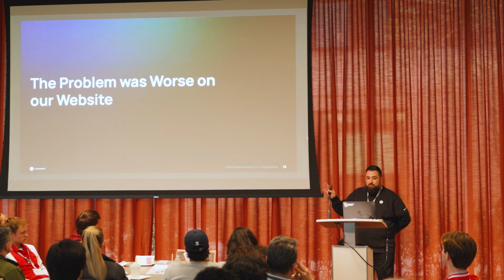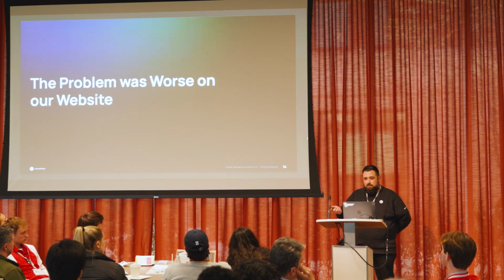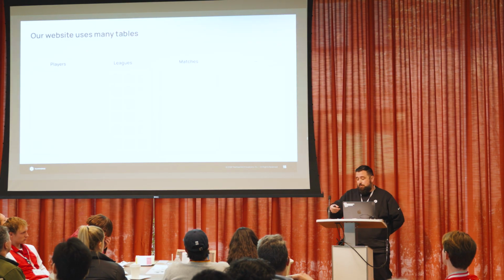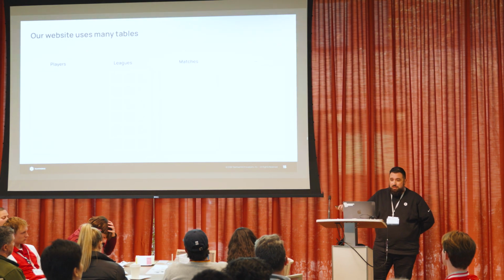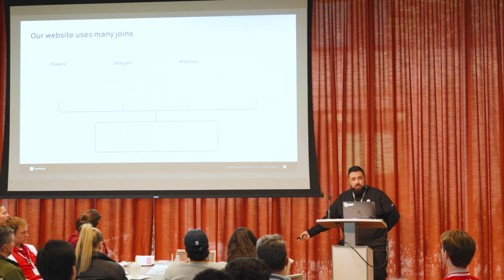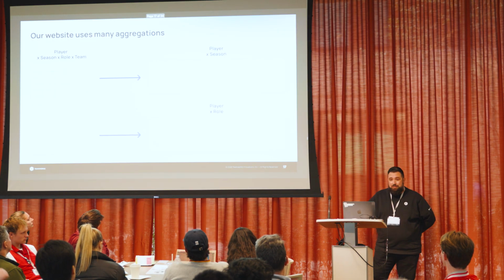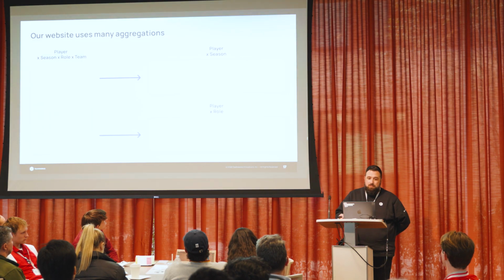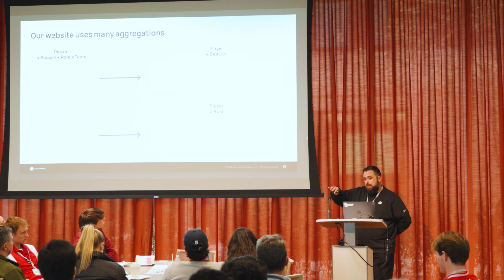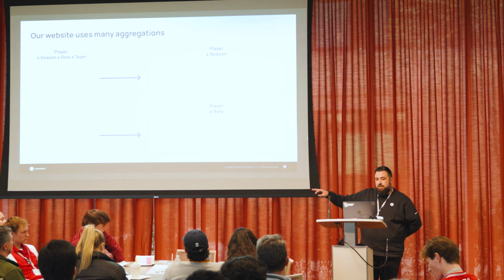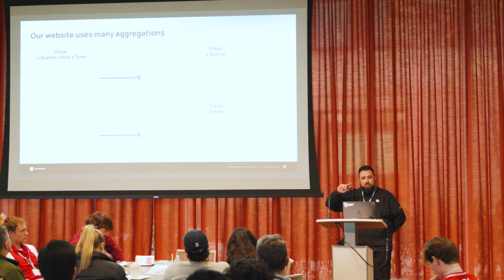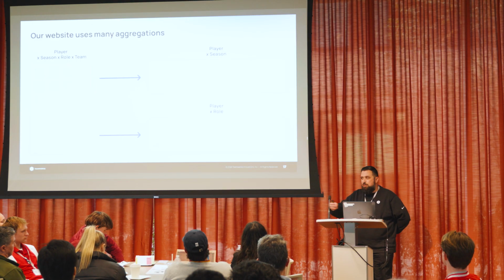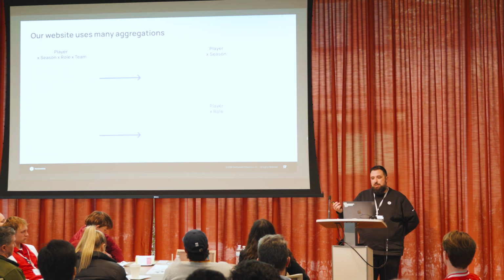And this problem got even worse on our website. Instead of one slow query on our one table, our website uses many tables. We have a lot of joins, and we do a lot of aggregations, so this problem compounds. To give an example of the type of aggregation we might want to do, imagine we have a table where each row is one player, each season they've played, every role or position they've played, every team they played on.